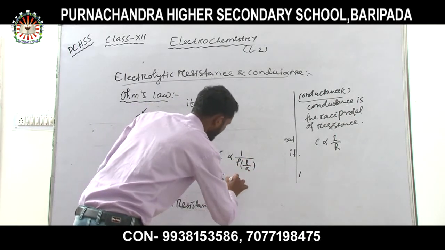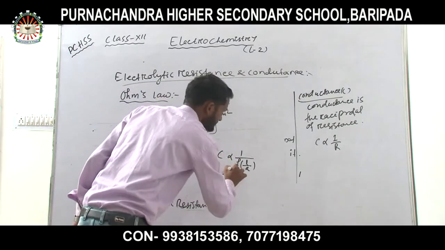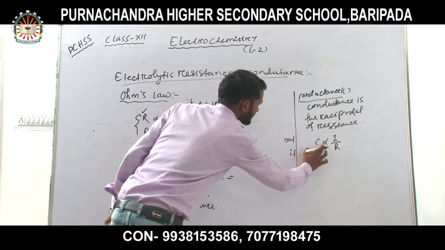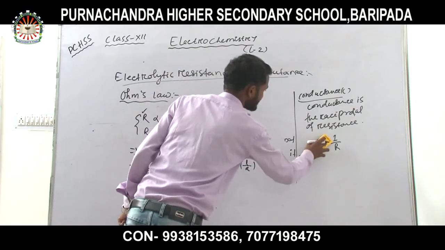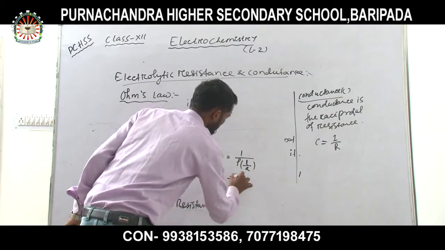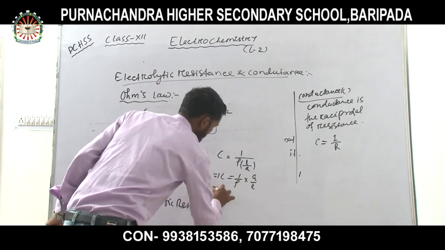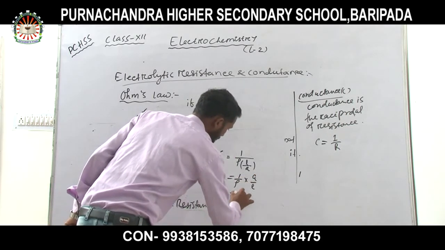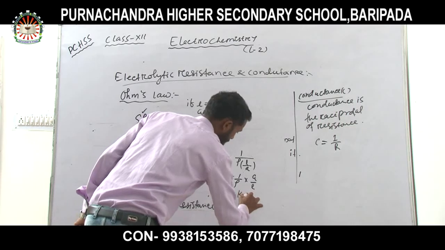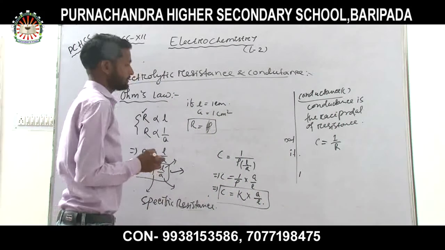So C is equal to 1 by rho into A by L. That is, C is equal to kappa into A by L, where kappa is 1 by rho.